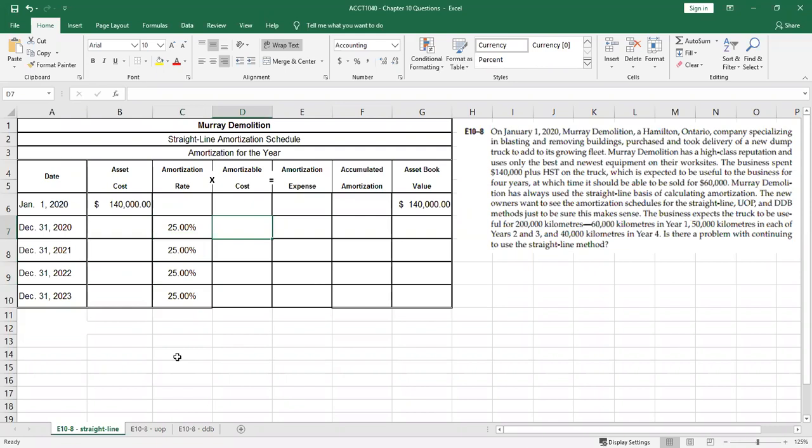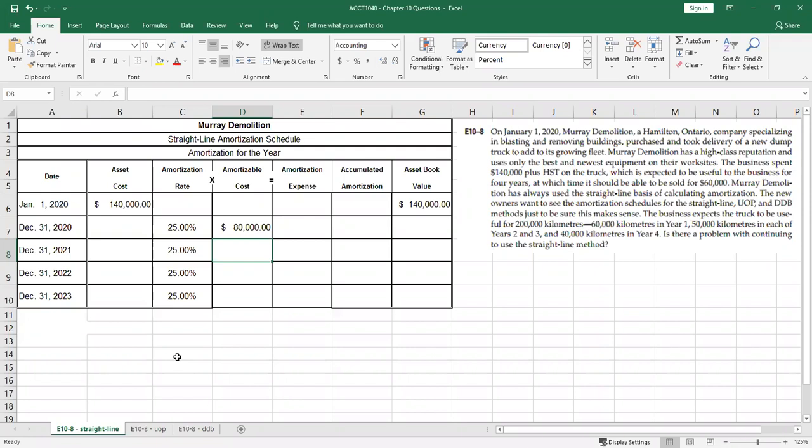The amortizable cost. Now, we didn't talk about this on the slide, but the amortizable cost is just that asset cost, the historical cost, the price we purchased for the asset, which is $140,000, minus the residual value, the salvage value, which is 60,000. Okay, 140 minus 60. It's really the numerator of the calculation that we went through on that previous slide.